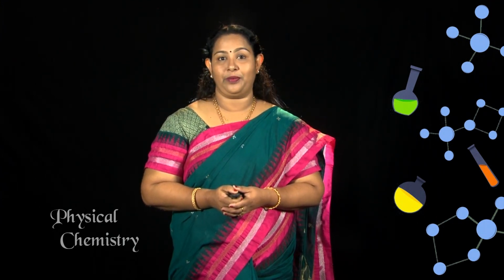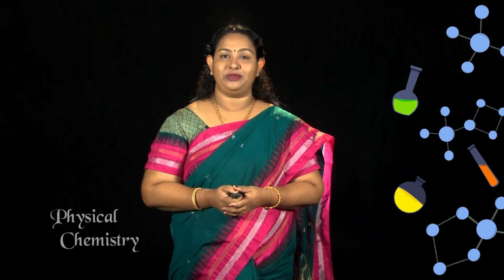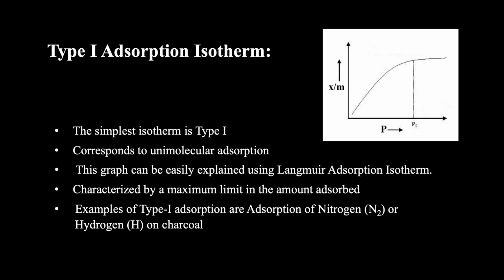Before going into detail on the derivation of the BET equation and BET adsorption isotherm, we shall discuss 5 different types of isotherm. First, we will see type 1 adsorption isotherm. As you can see in the figure, type 1 is the simplest isotherm. It corresponds to unimolecular adsorption.